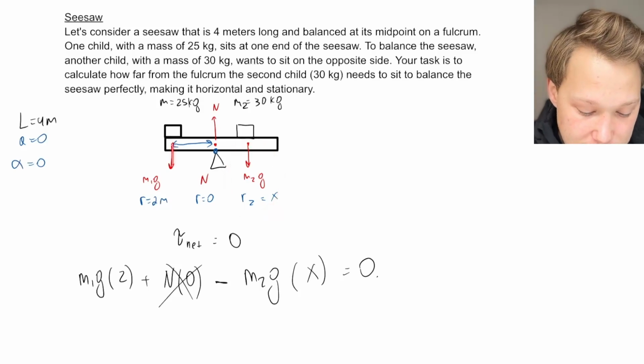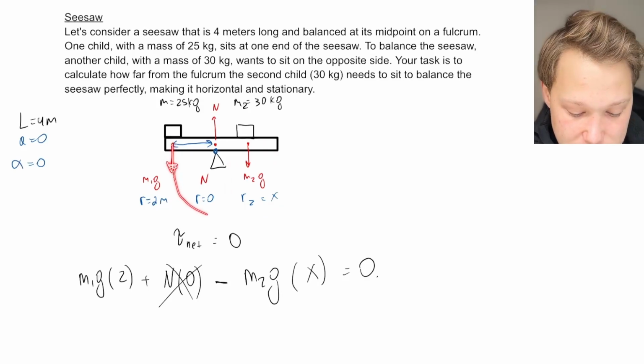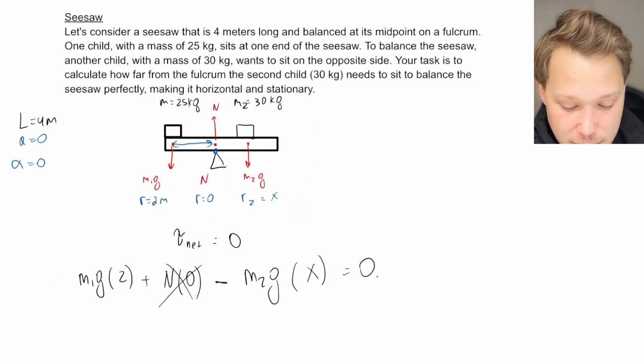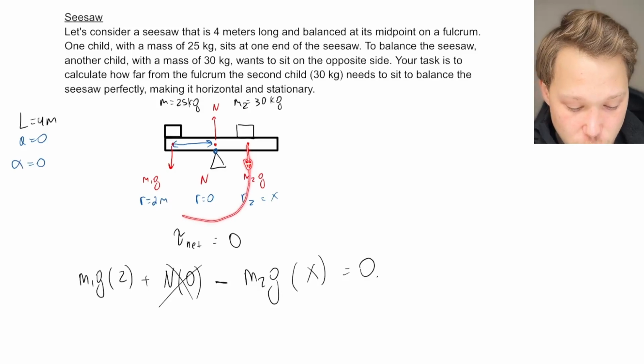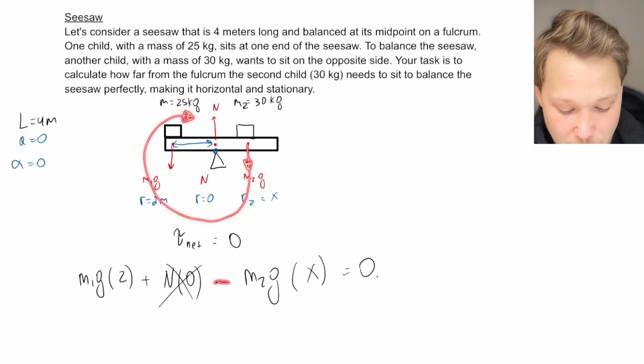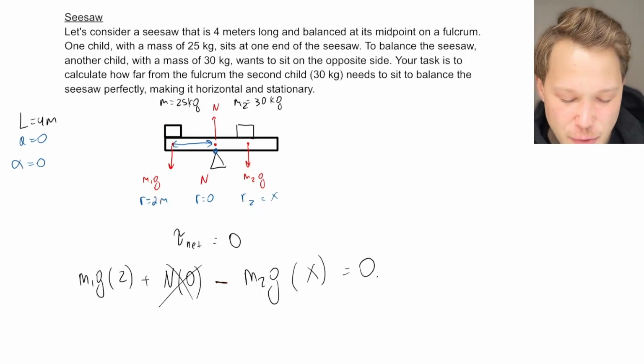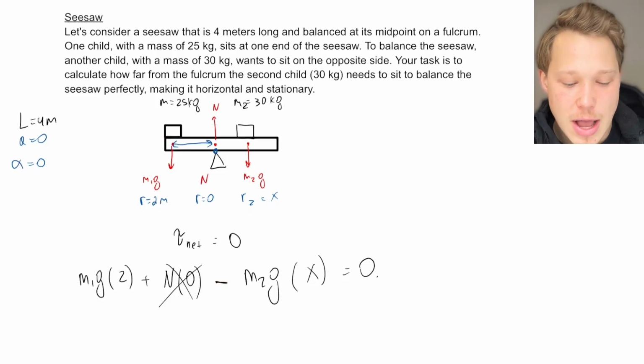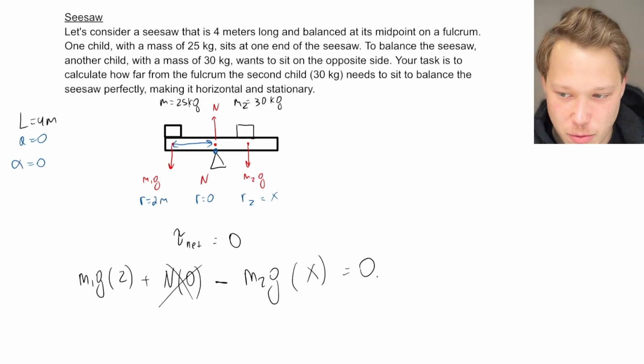This m1g makes the object rotate in a counterclockwise direction, so it's a positive torque. This one, on the other hand, makes the object rotate in a clockwise direction, so it has a negative torque. If you have a problem remembering which one is positive and which is negative, as long as you establish one as positive and one as negative, it's okay. You can pick your own reference frame, remember.